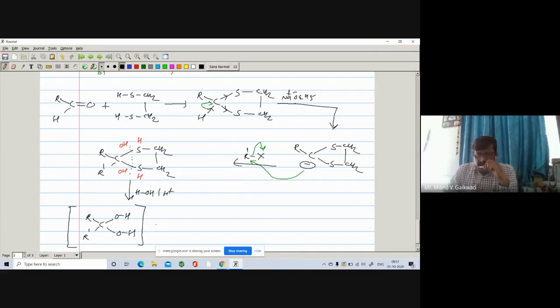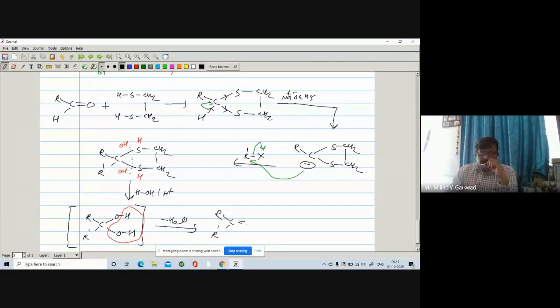It is unstable, so it undergoes dehydration, removal of water, and you get the corresponding dehydration product, with formation of R C R dash and double bond O.